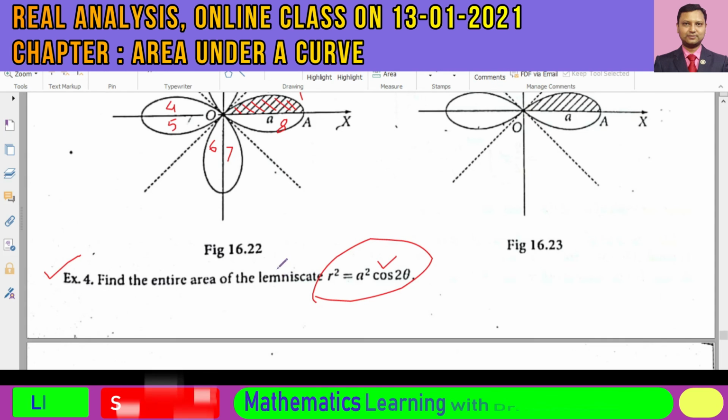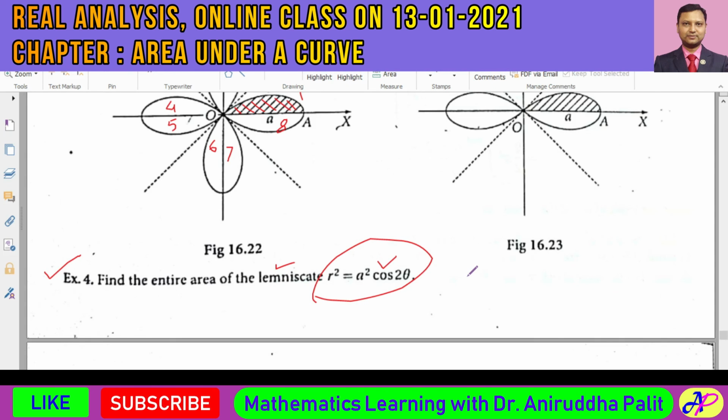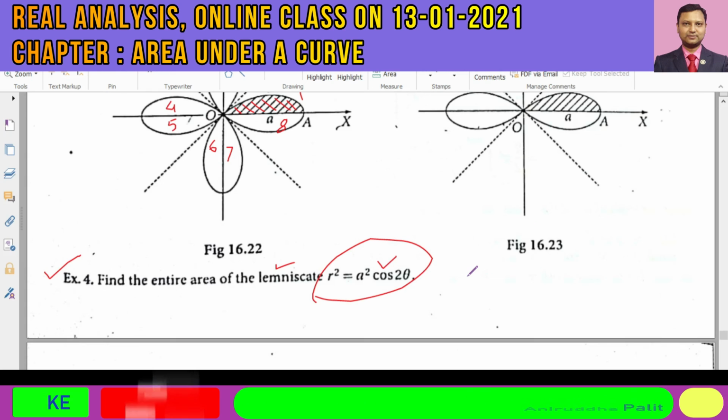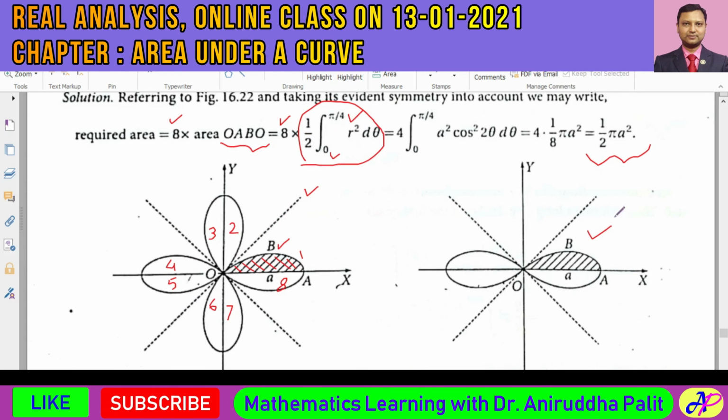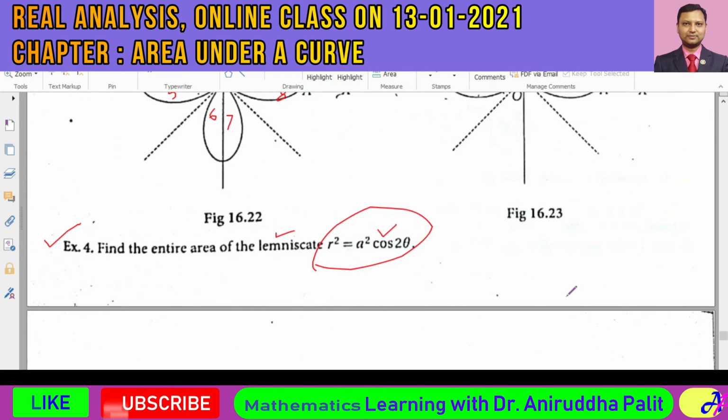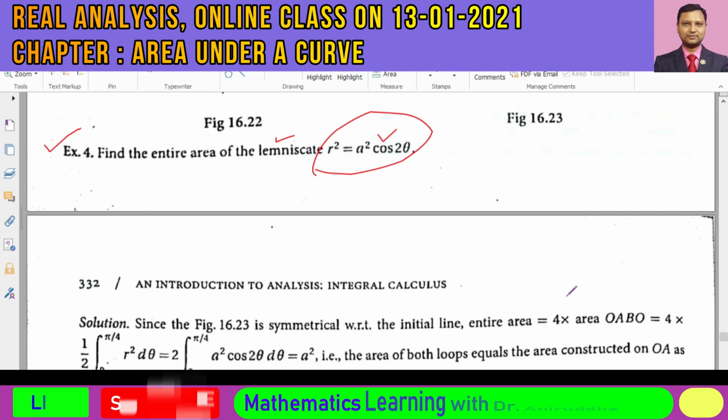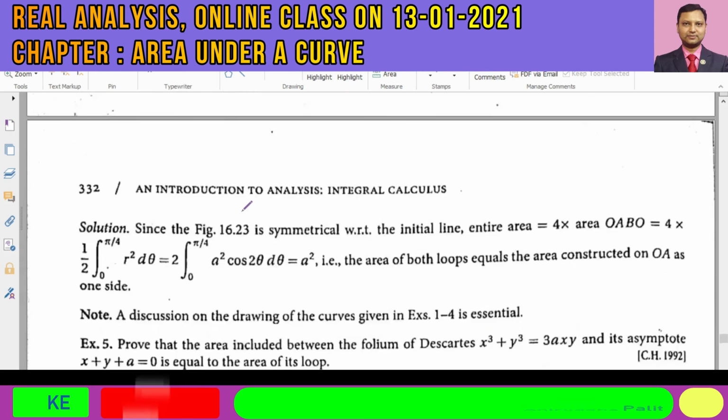This is called lemniscate of Bernoulli, or simply the lemniscate. I am just stating these results in this lecture, so you can go through this example, question number 4, as well.